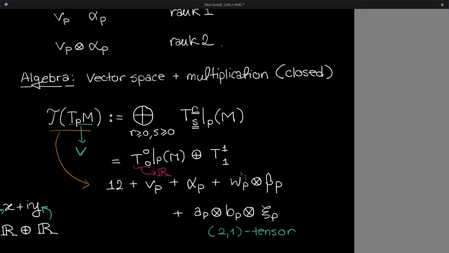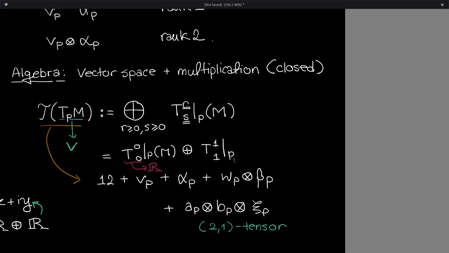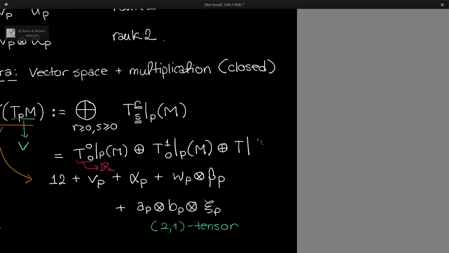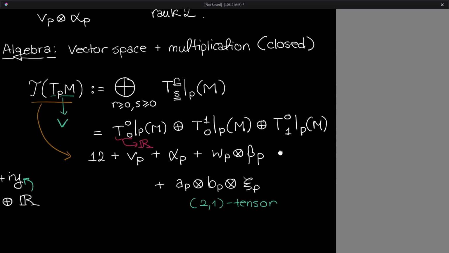We're just substituting r and s over here, right? So T00 at P on M plus, oh sorry, this should not be 1, 1. I mindlessly said that. So T01, P on M, and so forth, higher order tensors.